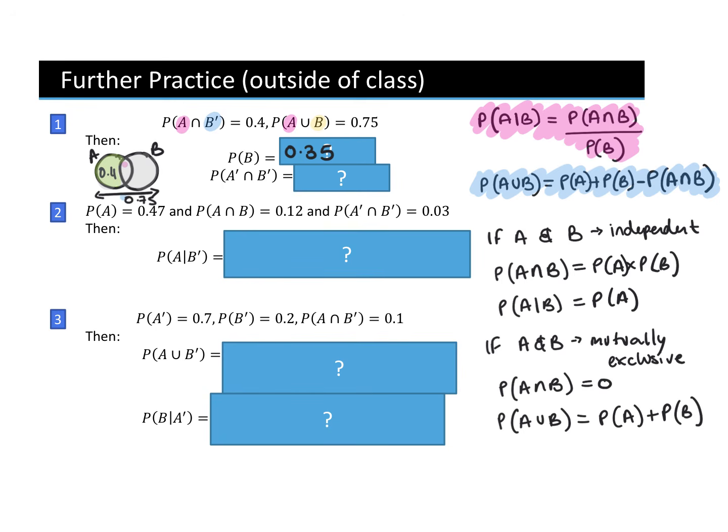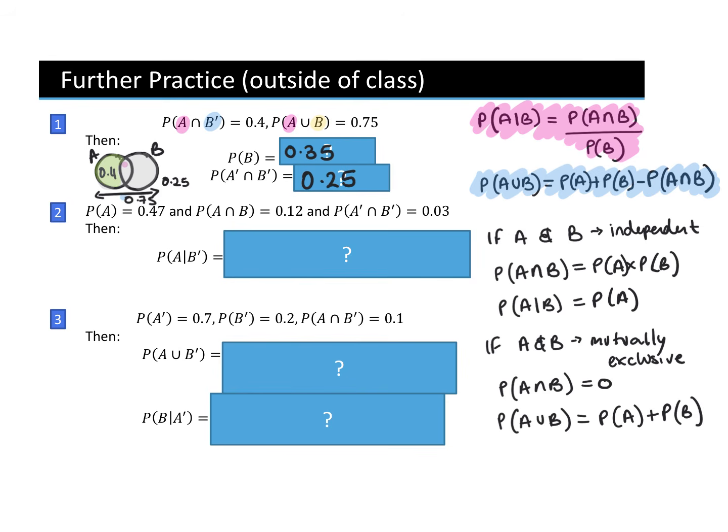Now, if we know the whole of this is 0.75, the outside is 0.25, isn't it? Probabilities add up to 1. Now, the intersection of not A and not B is this whole area. So it's 1 minus 0.75, which is 0.25.